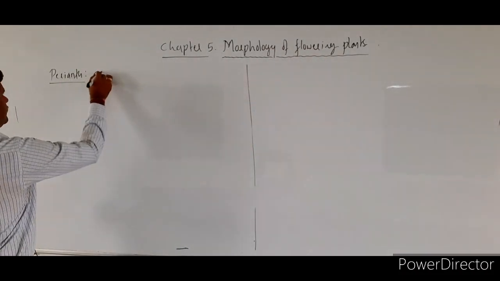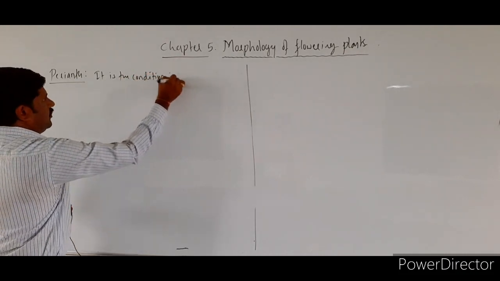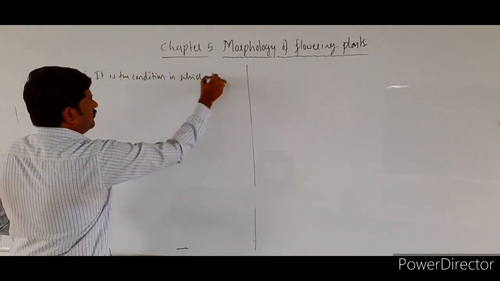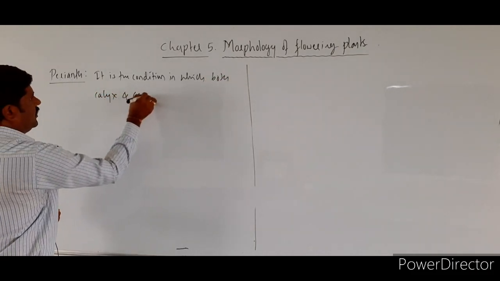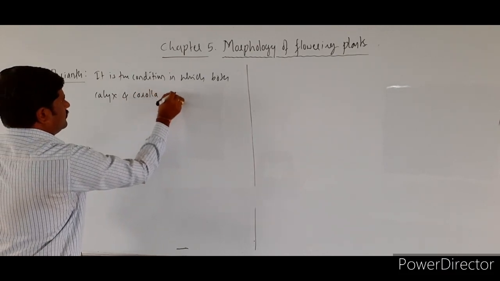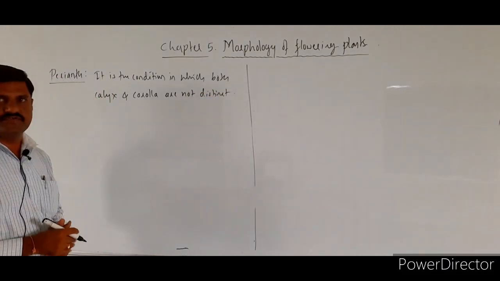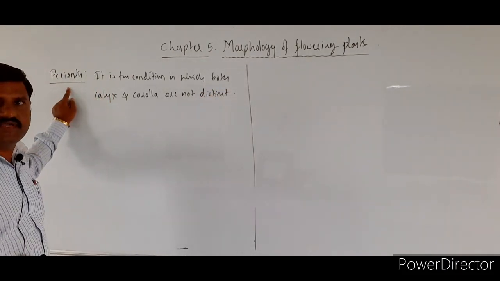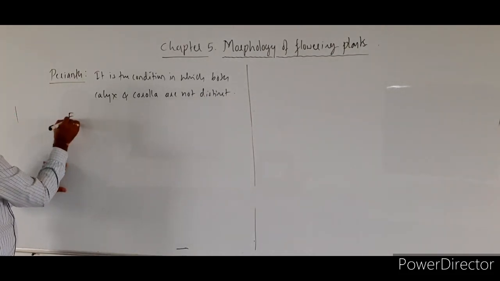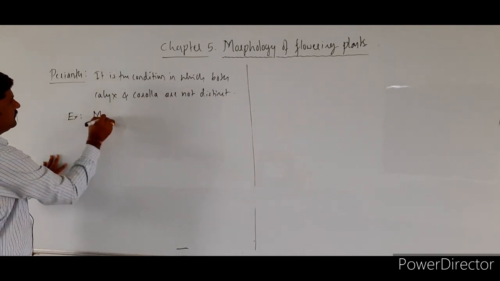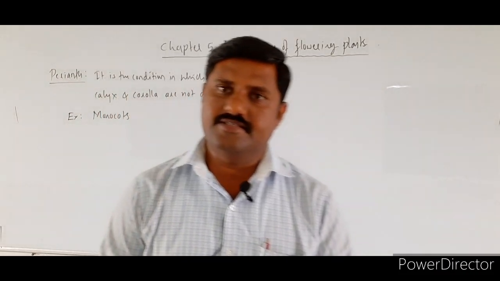So it is the condition in which both calyx and corolla are not distinguishable one, then the condition is said to be perianth. This perianth is usually seen in many of the monocots.